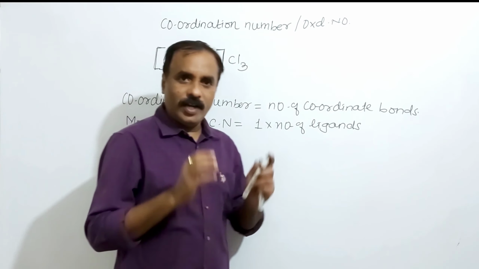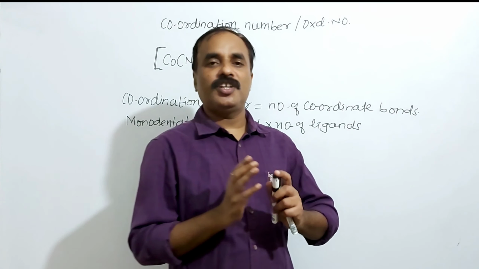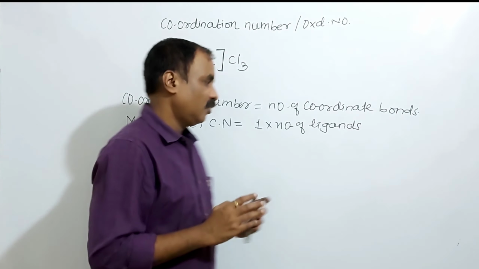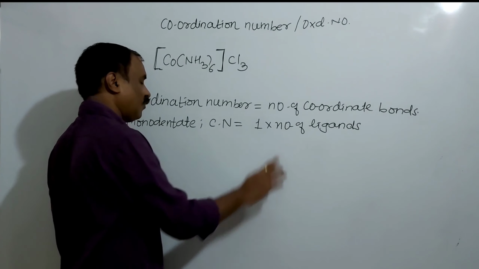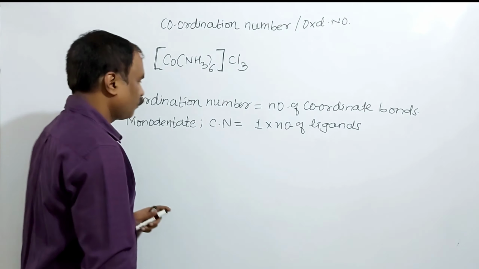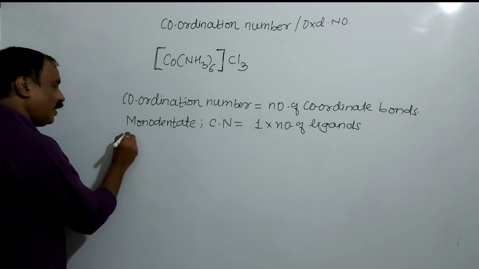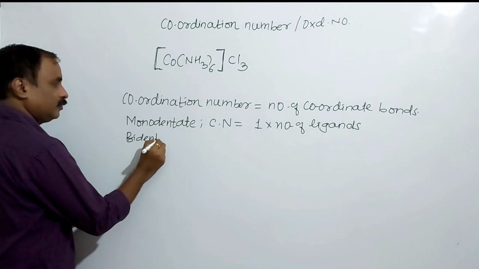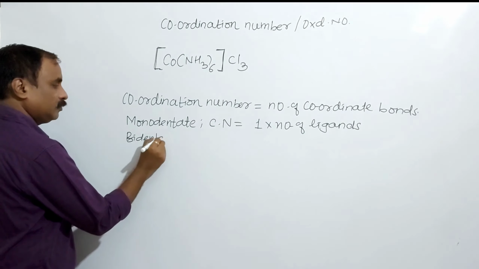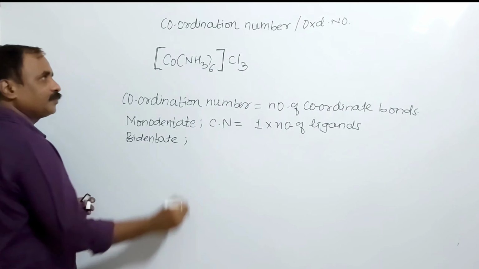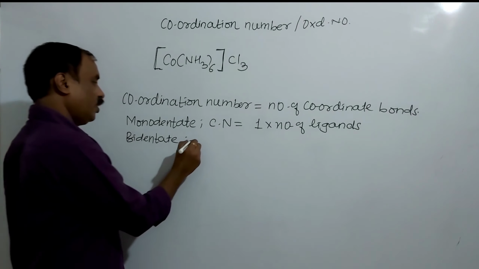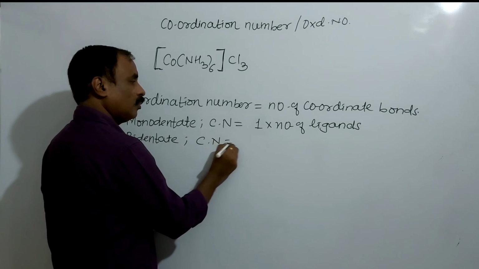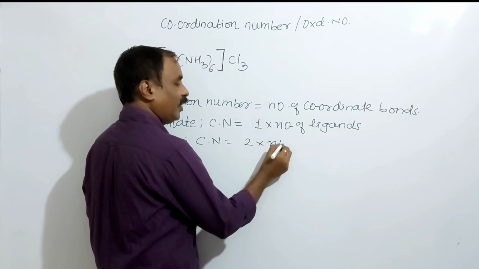If ligands are bidentate, then coordination number is 2 into number of ligands.